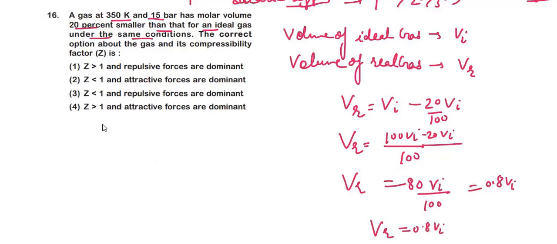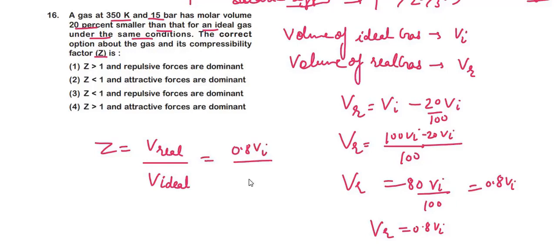And as we know that the compressibility factor Z is V real by V ideal. V real is 0.8 Vi and V ideal is Vi. Vi is cancelled out by Vi and the Z value is 0.8, which is less than 1.